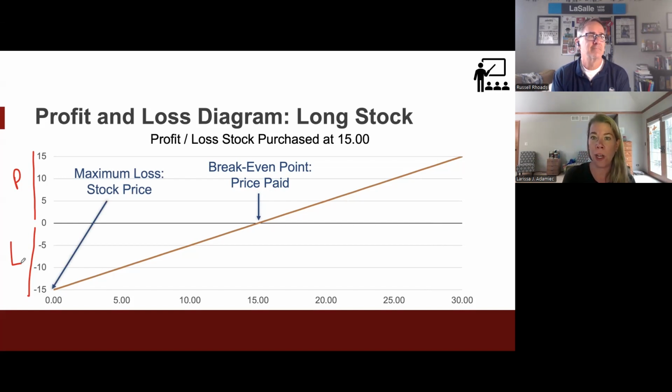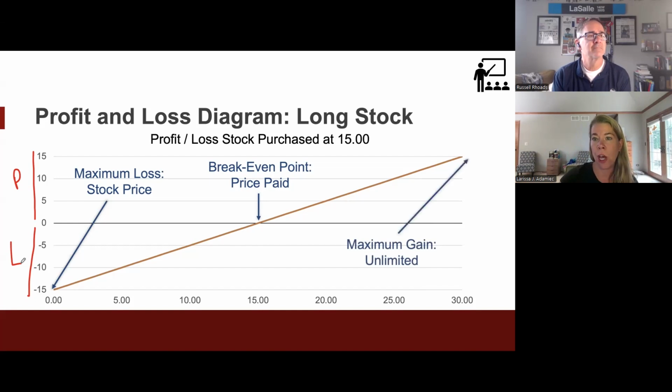So if the stock goes up to 50 and then drops to zero, the most we could lose on this position is $15. We might have a paper gain, an idea called paper money.